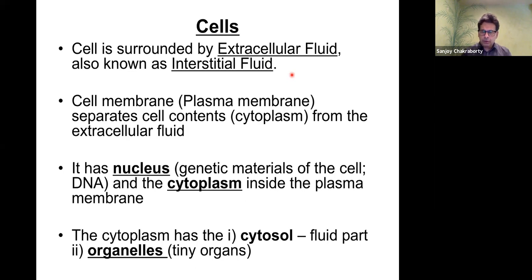The cell is surrounded by the plasma membrane or cell membrane. The plasma membrane's primary job is to give structure to the cell, as well as to keep the environment outside of the cell and the inside of the cell separate. So they have separate contents. Inside the cell, the content is called cytoplasm; the outside is extracellular fluid.